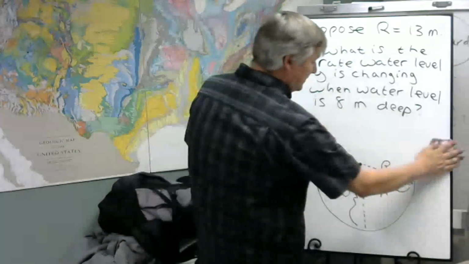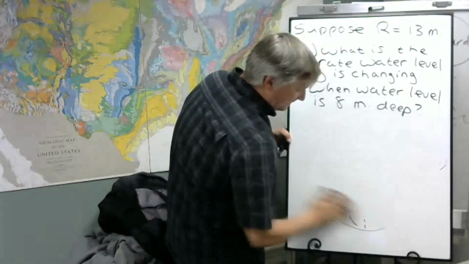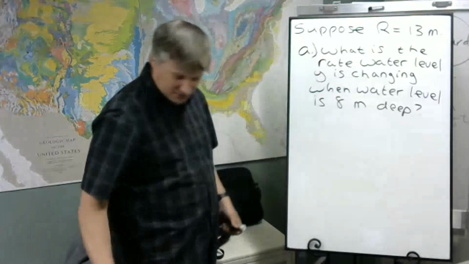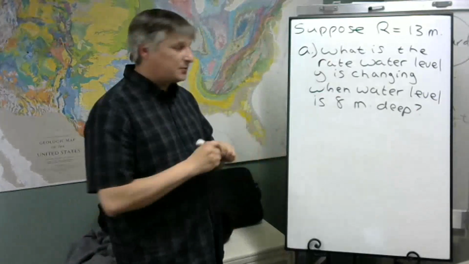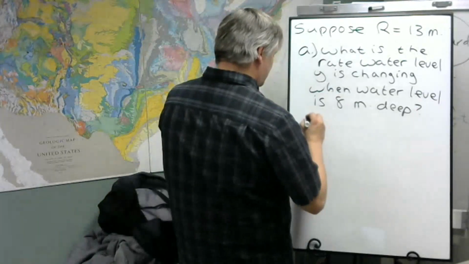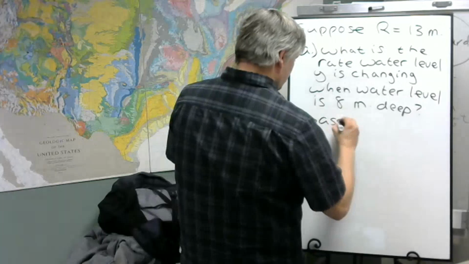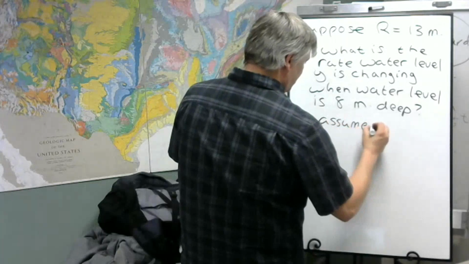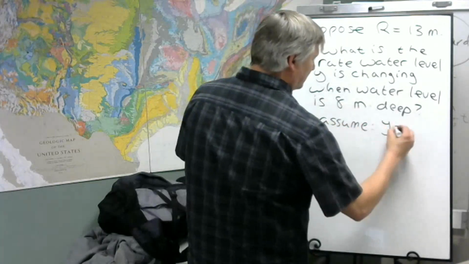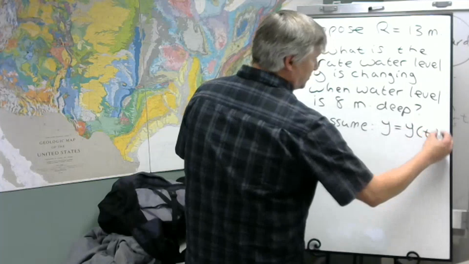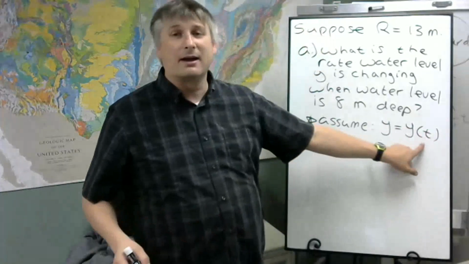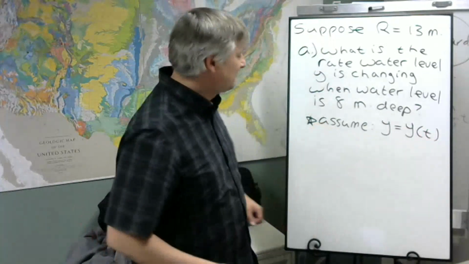So, following the advice at the beginning of this section, we're going to take the derivative of both sides. But again, we're going to make the assumption that the water level y is always changing with time. It's a function of t.